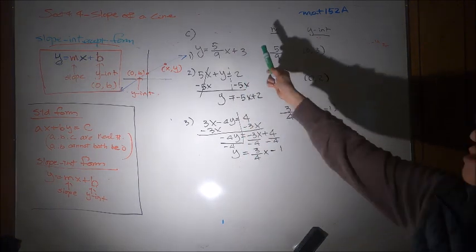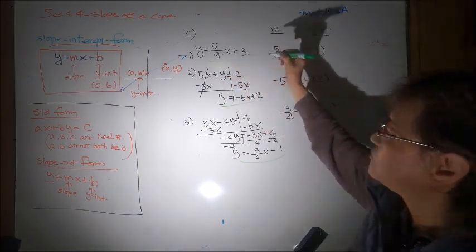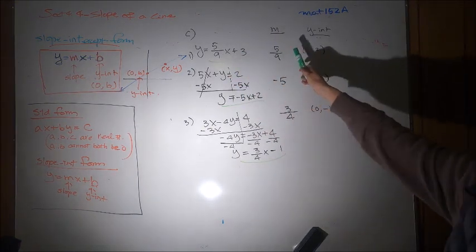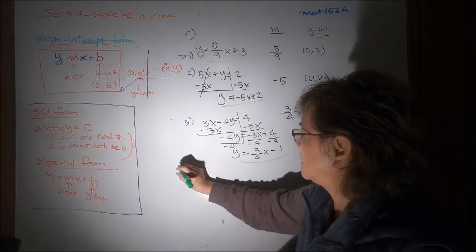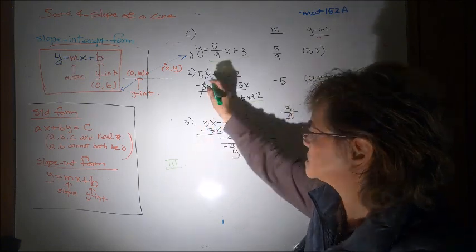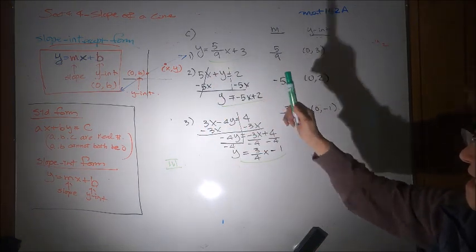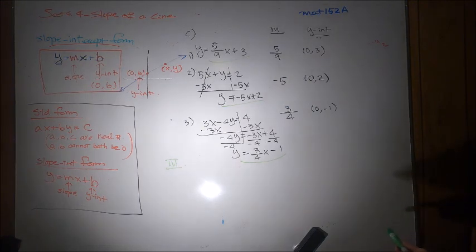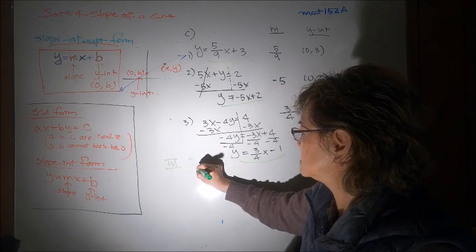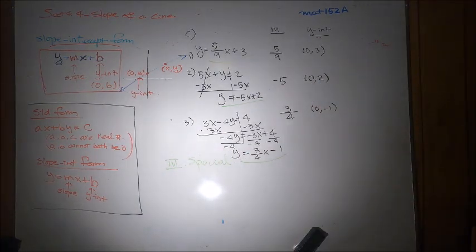You will change them all to the slope-intercept form to be able to identify those, right? So all those have both x and y's, so it would be a slant line, right? Then let's look at some special situations, special cases.